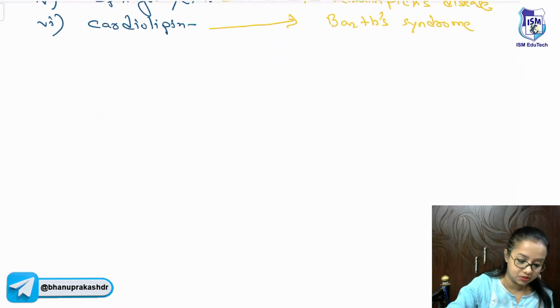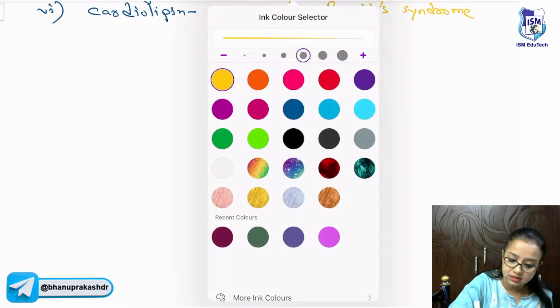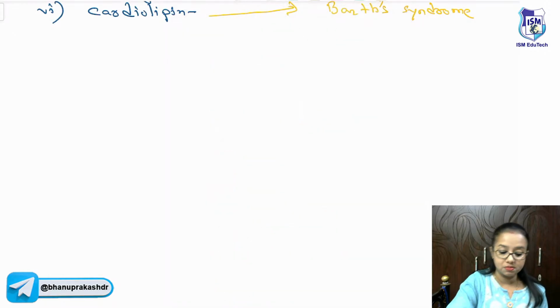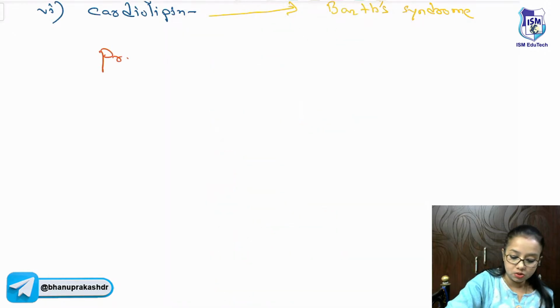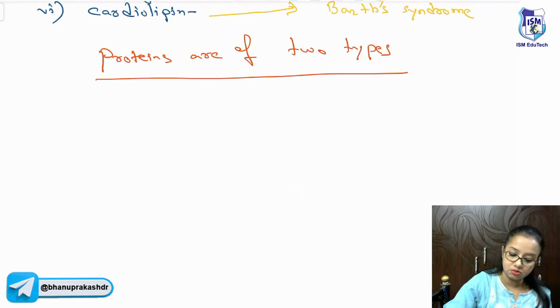This is our lipids. Now coming to the protein part. Just like the lipids, proteins are also a very essential component of the cell membrane. Proteins are of two types.